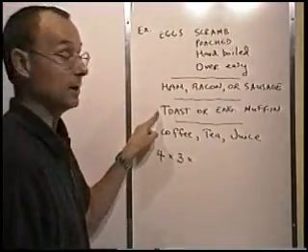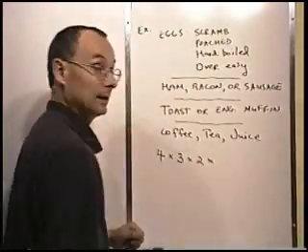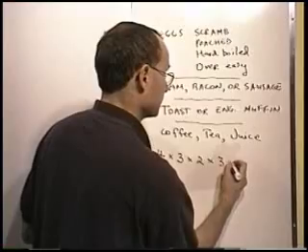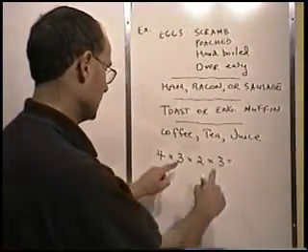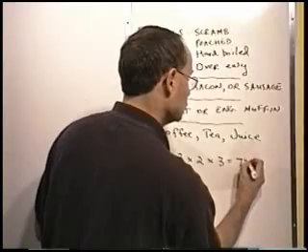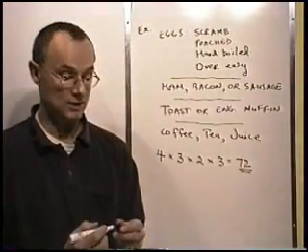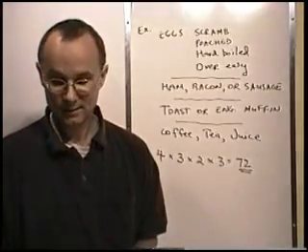And then times toast or English muffin, that's 2. And lastly, coffee, tea, or juice, 3. All you got to do is multiply these things together, and you get 72 possible different breakfast combinations. So that's actually quite a bit when you think about it.